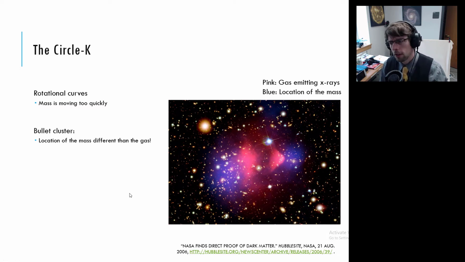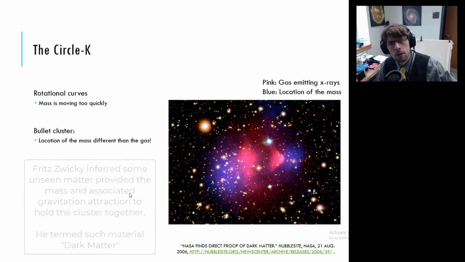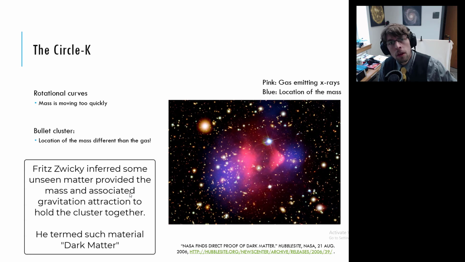So we'll call it dark. And something that interacts gravitationally, well, we'll call that matter. So astronomers are very fancy, right? And if we can include this dark matter in the galaxy, then we can fix the rotational curve problem. And we can answer this issue that the Bullet Nebula presents.